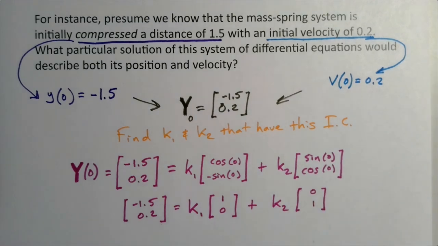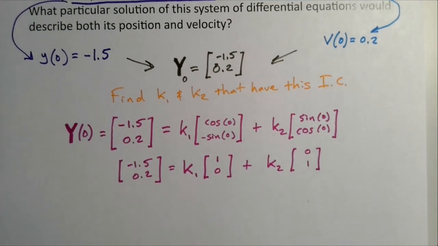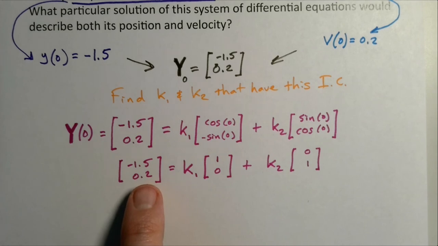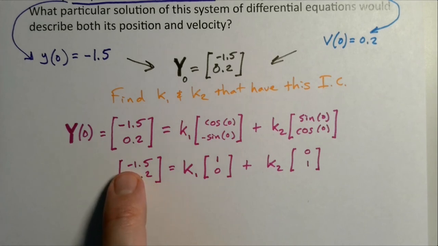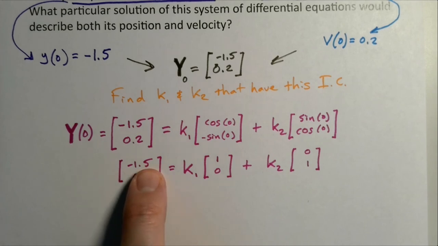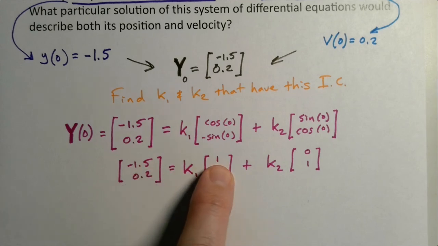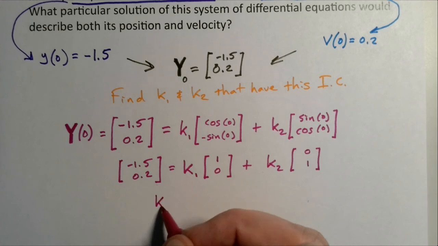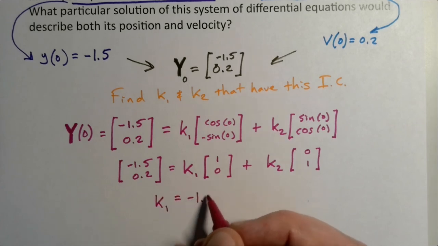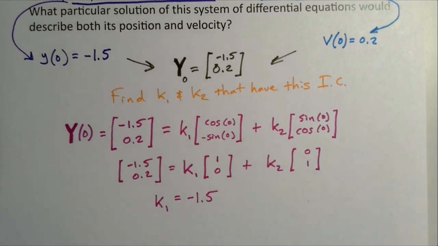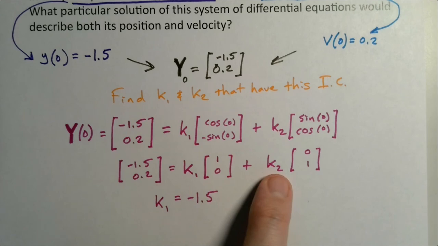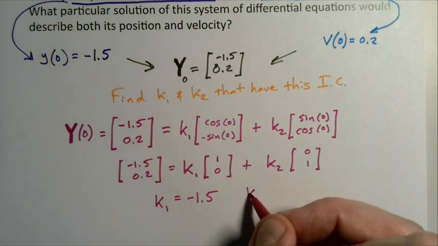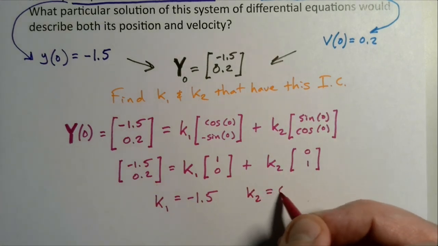And so without too much work, I think you can probably see that there really are two equations. The top one says negative 1.5 equals K1 times 1 plus K2 times 0. So K1 is equal to negative 1.5. And the bottom equation is 0.2 equals K1 times 0 plus K2 times 1. So that means K2 is equal to 0.2.